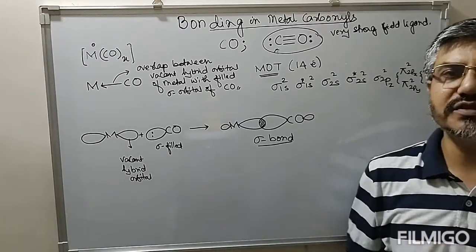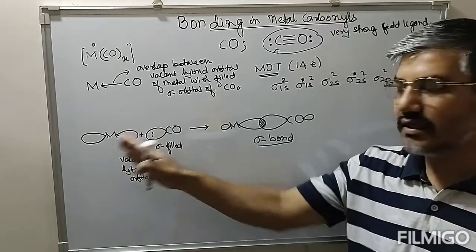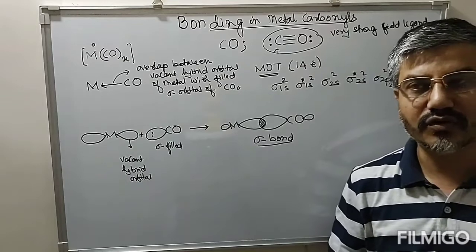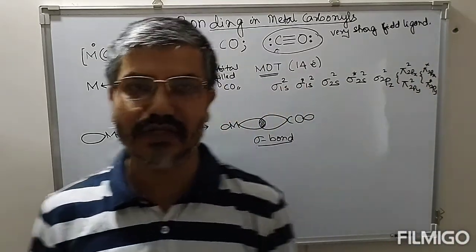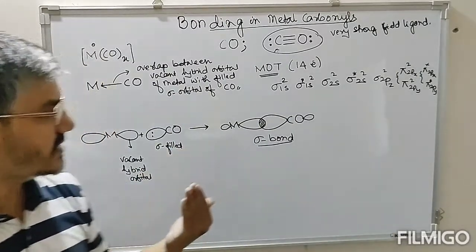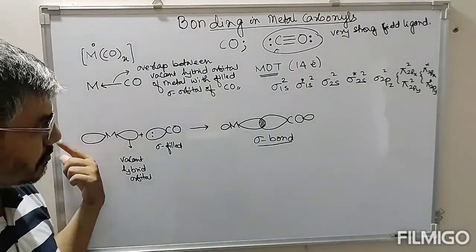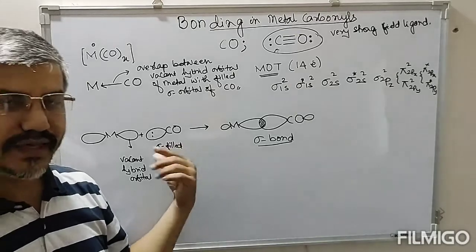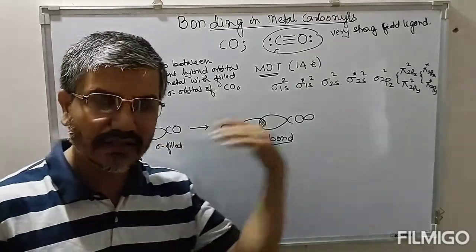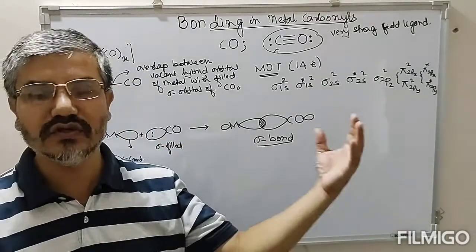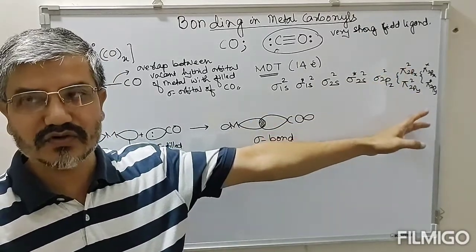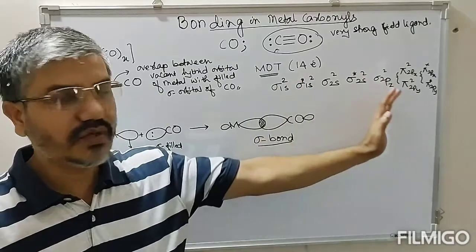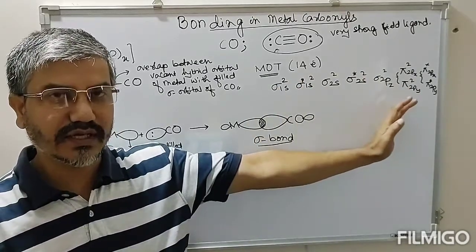Due to the formation of this pi bond between the metal and the carbon of carbon monoxide, the metal carbonyls are very stable. So when we say a pi bond is formed by back donation from the filled d orbital of the metal to the vacant antibonding pi orbital of carbon monoxide, the metal carbon bond becomes double bond in character.